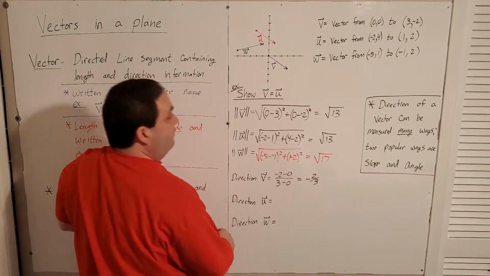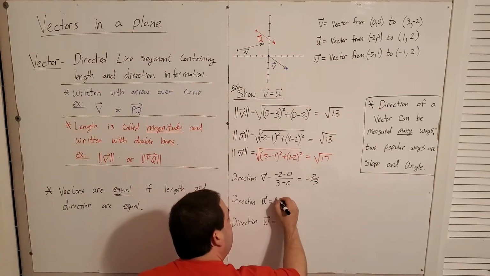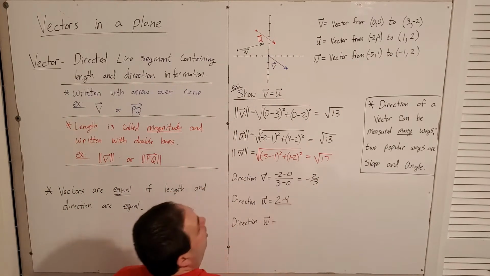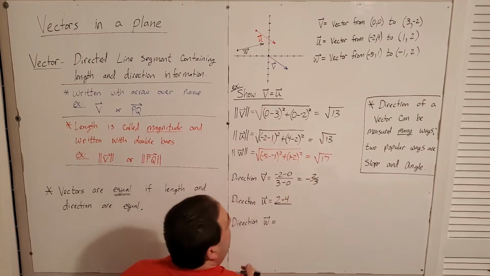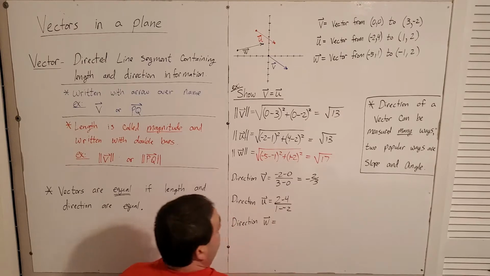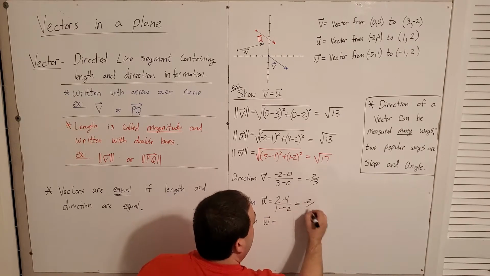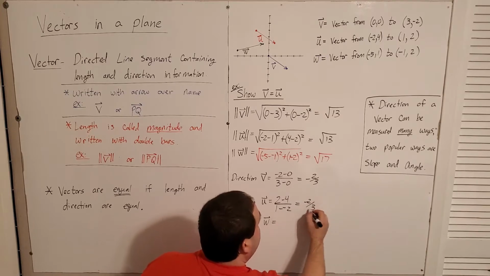The direction of u, same thing again. y2 minus y1, so that's 2 minus 4 over x2 minus x1, that's 1 minus negative 2. So again, I'm getting negative 2 over 1 plus 2 is 3.